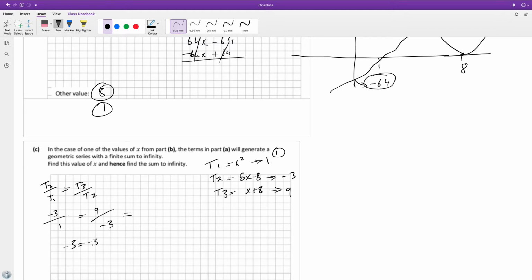Is minus 3 equal to minus 3? So we know that works. Just for argument's sake, check 8. So get me what, if x was 8, T1, T2, and T3 would be.